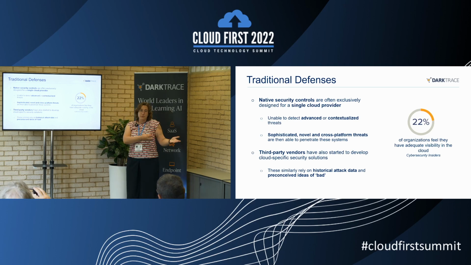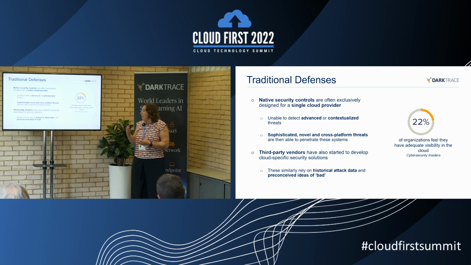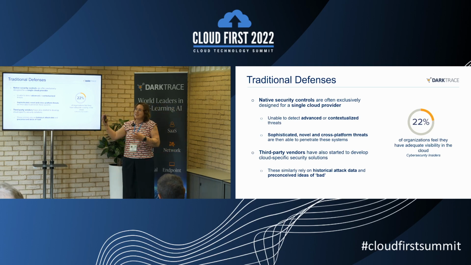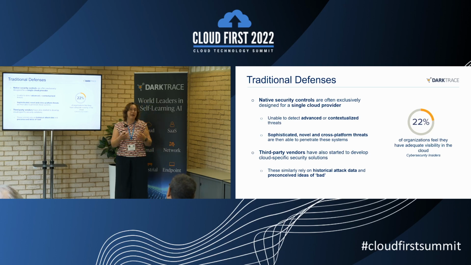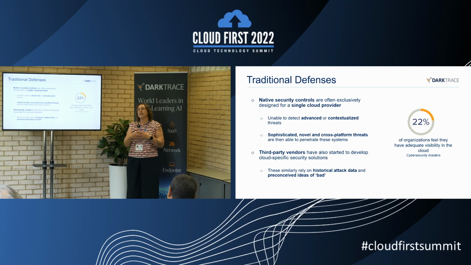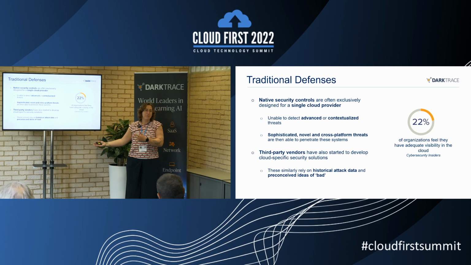But obviously we have seen third-party vendors trying to get their own security systems in place as well. But the problem is that most tools, be that in the cloud, be that for the network traffic, we see this all the time, these third-party controls rely on past attack data. They rely on something that they have seen before somewhere in the past, so they can implement that in the future.